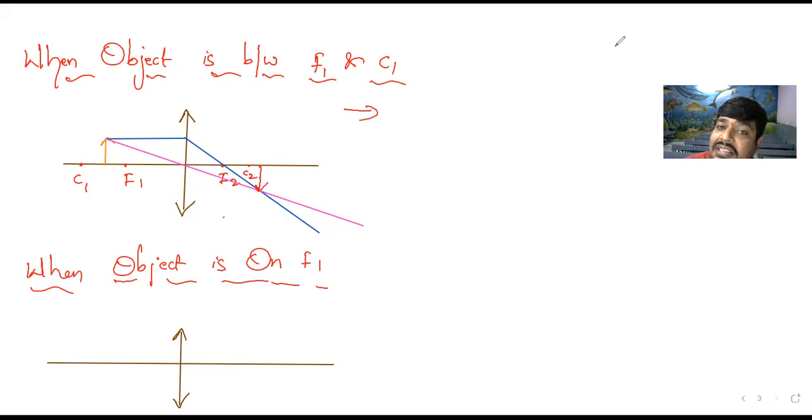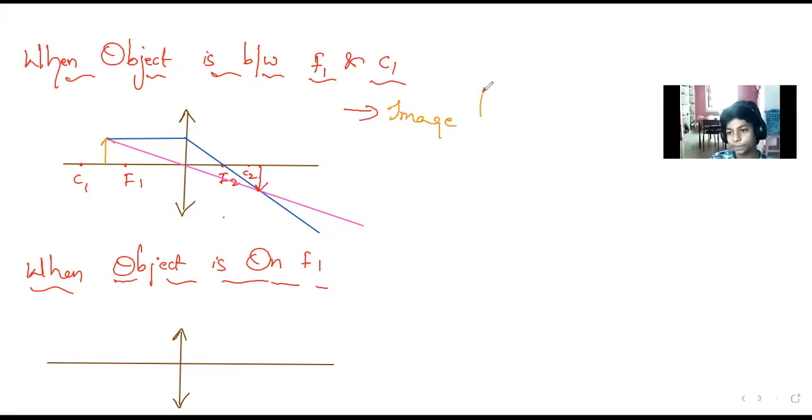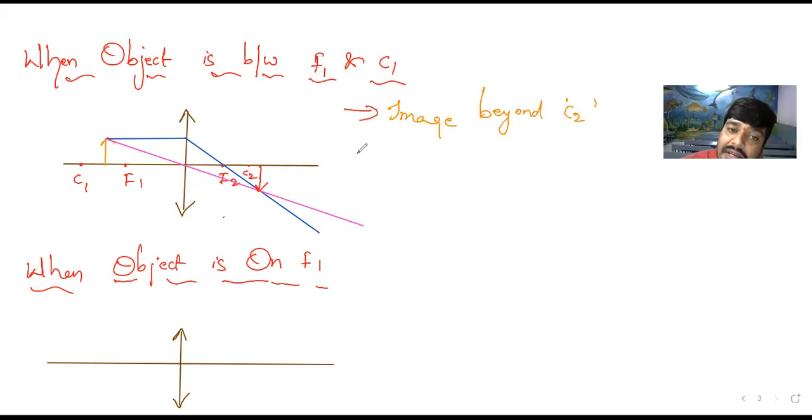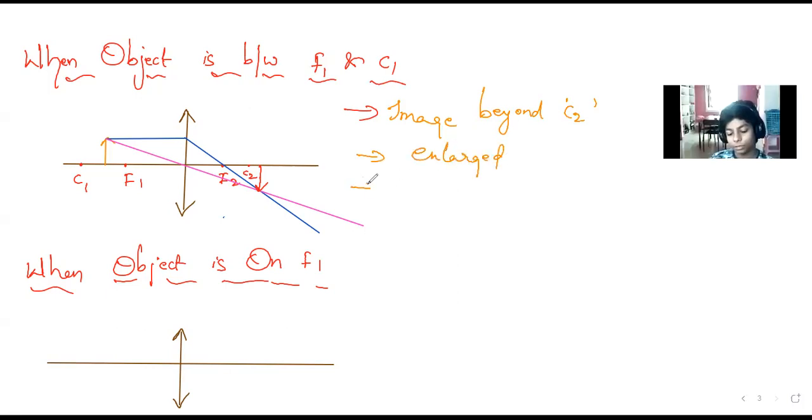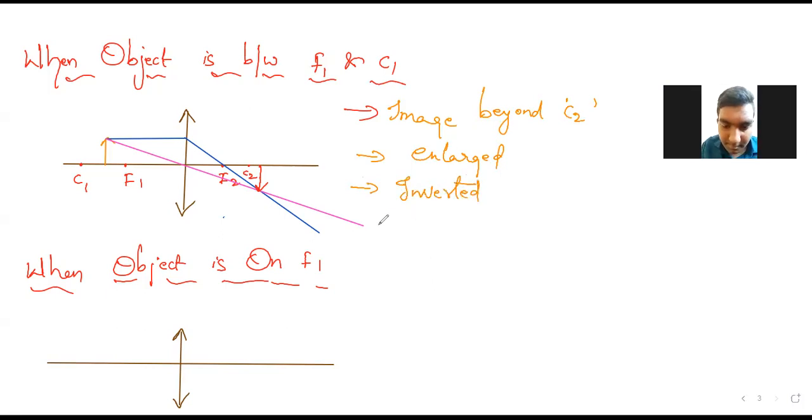We can write it as image is beyond C2. Next, enlarged or diminished? Enlarged. Erect or inverted? Inverted. Real or virtual?